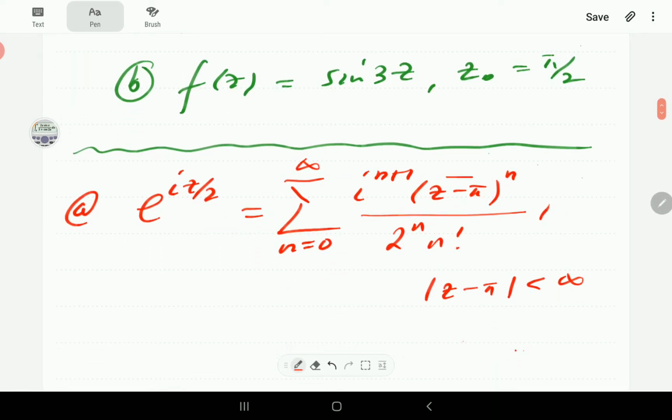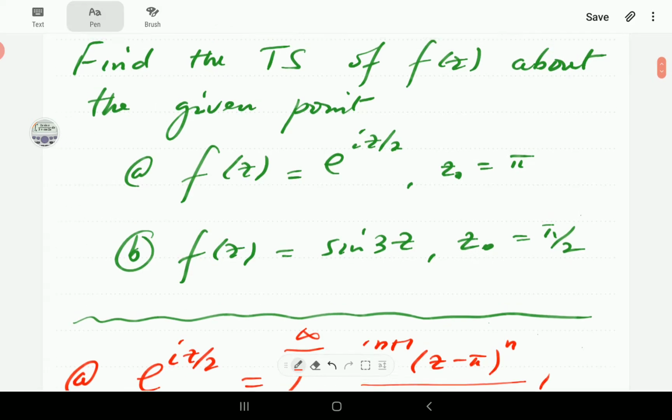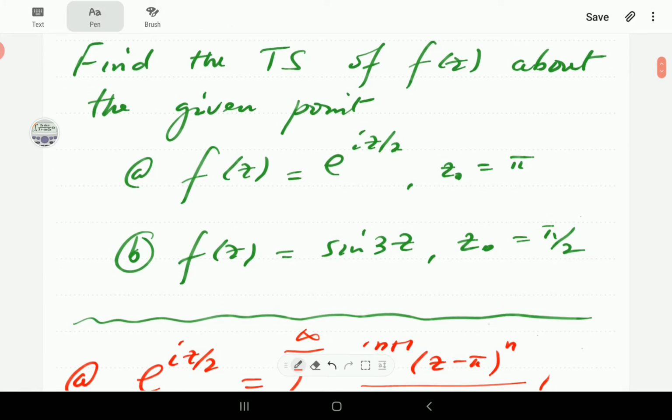And this is the expression that we got for the Taylor series, but we were using the method of repeated differentiations.